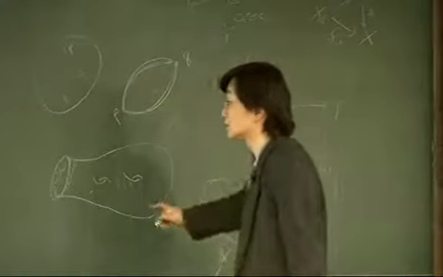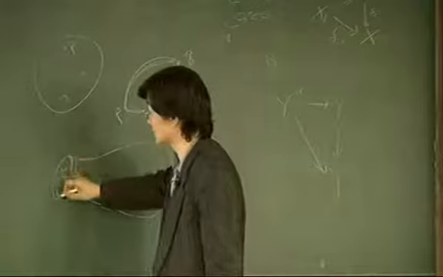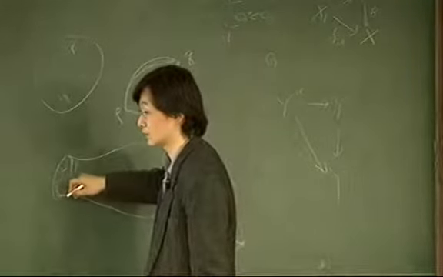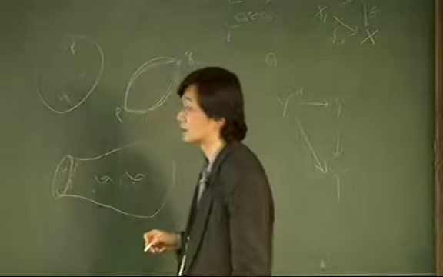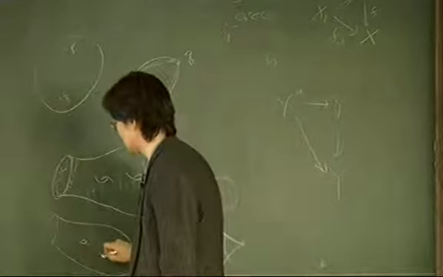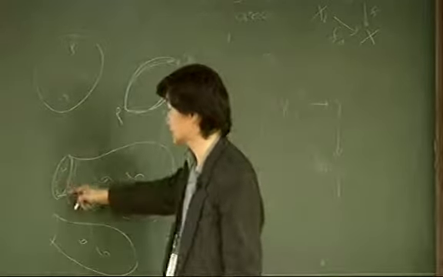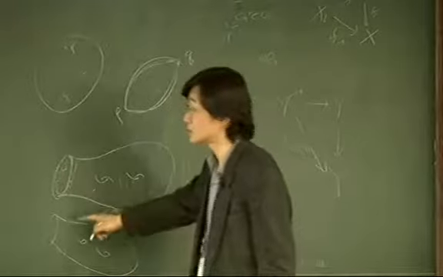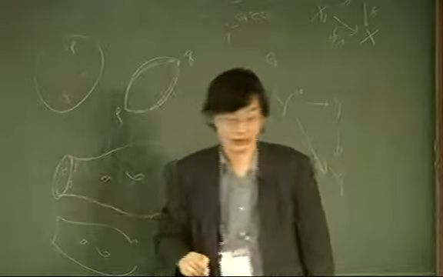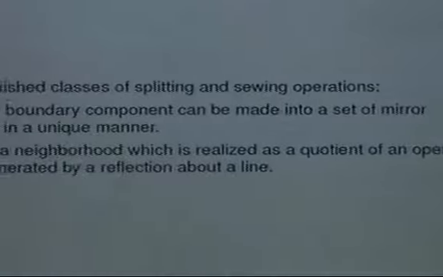You can consider this as a splitting also, because what you do is you remove this 1-orbifold and then you complete it. Okay, so then what you get is now really a boundary. So it's called clarifying. It makes it into a boundary. So now this was silvered, now it's not, and then you can reverse the process, and that's called silvering actually, and you can consider it as a splitting and sewing operation.